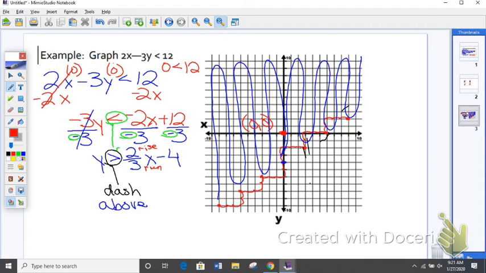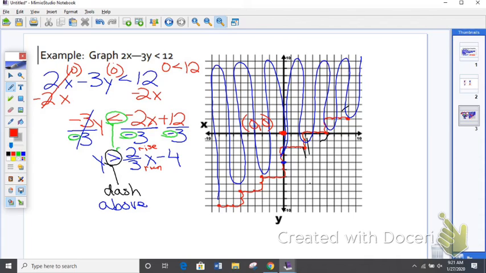A couple other things that I want to talk about briefly. On the worksheet that I'm going to be handing out for your assignment, after you do the graphing, it's a puzzle worksheet, and to fill in the puzzle, it's going to have you matching up criteria. One of the things it talks about are the quadrants that our solution is in.